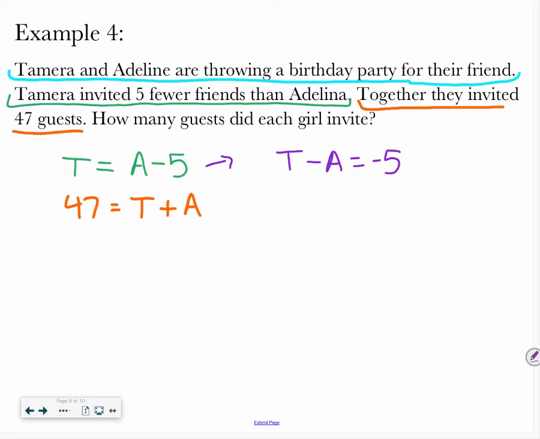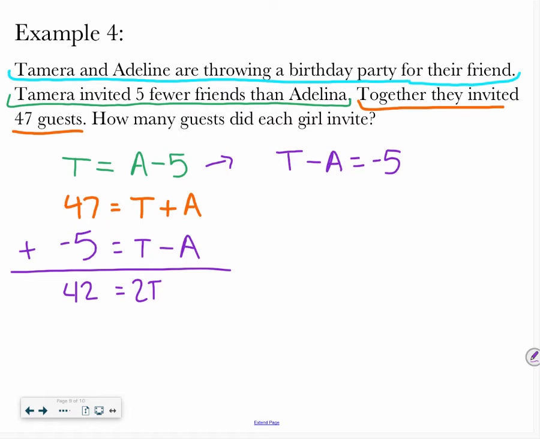And then I could go negative 5 equals t minus a, and I could add these two together. So why don't we do that? 47 plus a negative 5 is 42 equals 2t, and our a plus a negative a cancels out. So t equals 21. So Tamara invited 21 guests.